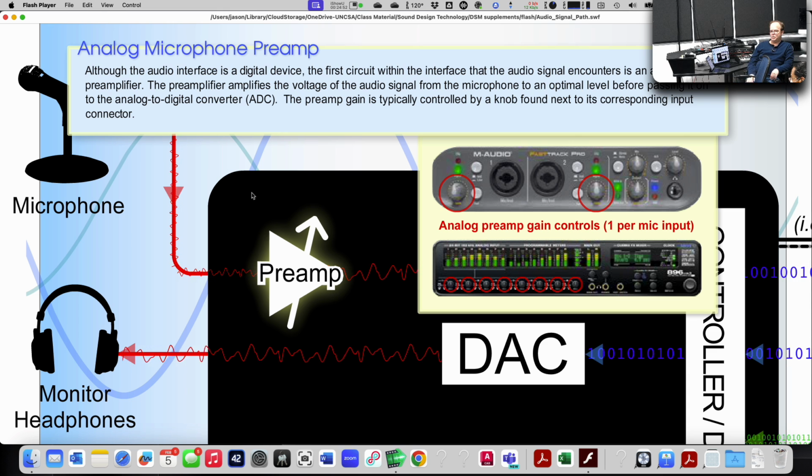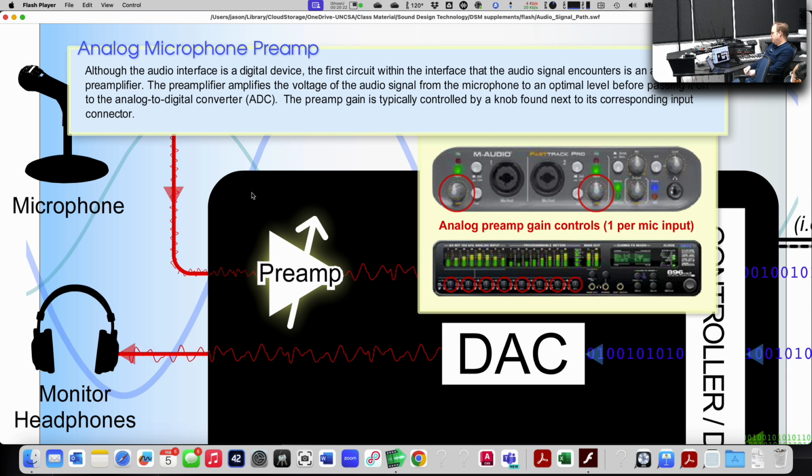But you really want as high a voltage as you can get before you feed it into the next stage. Because the higher the voltage, the more potential for utilizing the resolution of the bit depth that you're going to use for this. So the higher voltage you're feeding in, that's a bigger range that the digital number can be used to encode. And so you want that pretty hot.